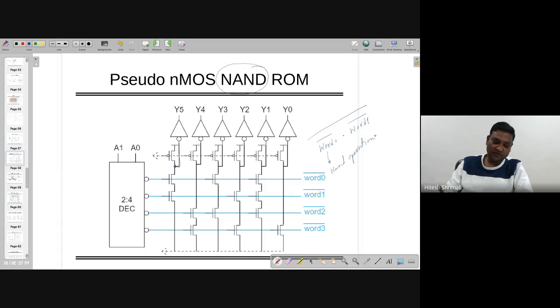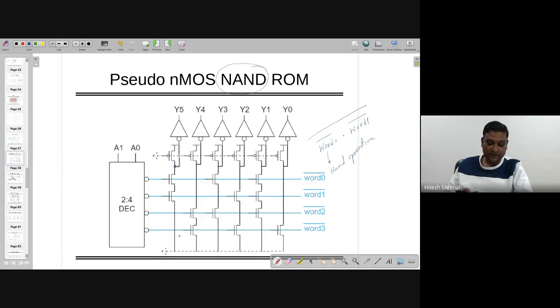The only problem here is that there are so many transistors in series, so it's sometimes quite difficult to get enough voltage across a transistor.